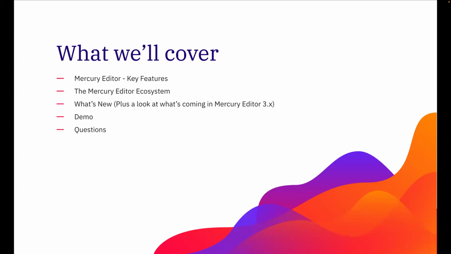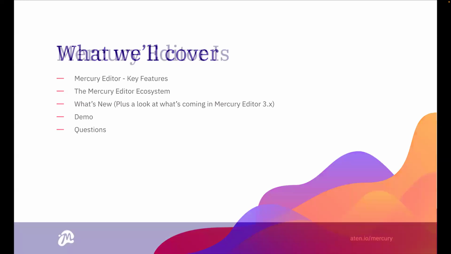It's just a way for admins and really for editorial and marketing staff to create content. That's the whole goal behind Mercury Editor, and I'll talk through that when we look at the ecosystem. We'll do some live demos. Hopefully that works out all right, or this will be real short. We'll talk a little bit about what's new and what's coming in the 3.x version for Mercury.